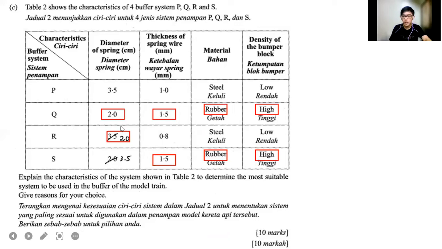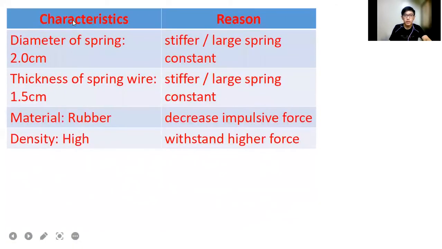And students are encouraged to write your answer in table form. So the answer is written in this way, where the diameter is 2.0 cm as given just now. The thickness of the spring is 1.5 cm, or students can write the diameter of the spring is small or short, and the thickness of the spring wire is thick.